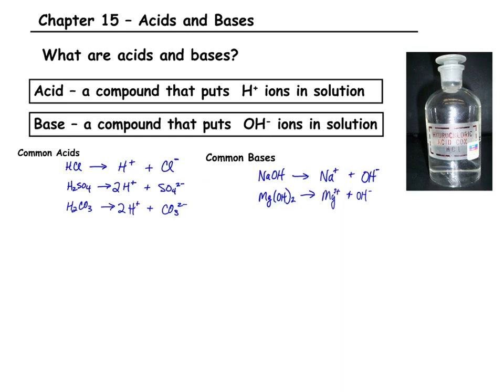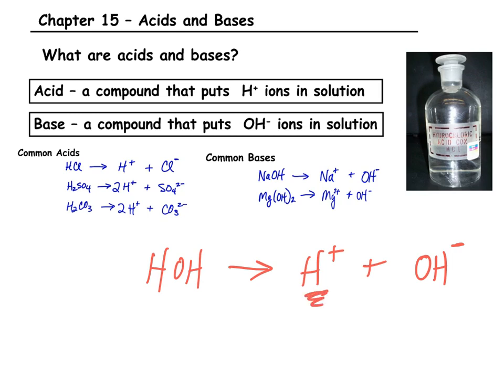At this point, though, it might be important to note that water itself, HOH, let's write it as that, it can self-ionize and turn into H+ ions, and also OH- ions. Now, water does this to a small extent, and because it makes H+ ions, you could consider it an acid.